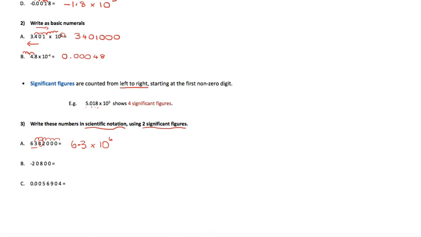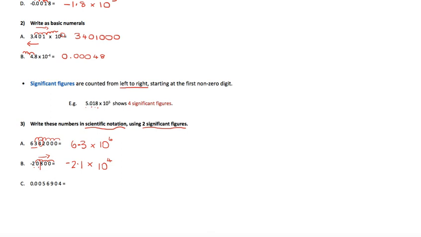In the next question, this is the first significant figure, this is the second. So our cutoff line is here. This 8 is going to affect the 0 in front of it. So it's going to end up being negative 2.1 times 10 to the power of 1, 2, 3, 4, because we are going towards the right.